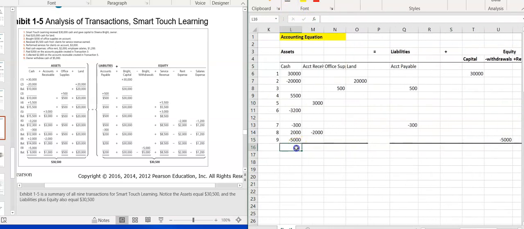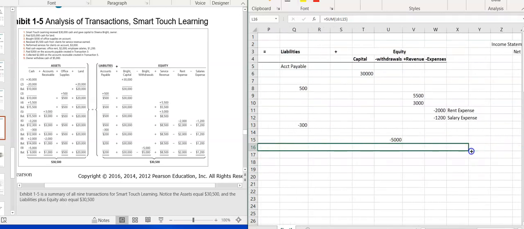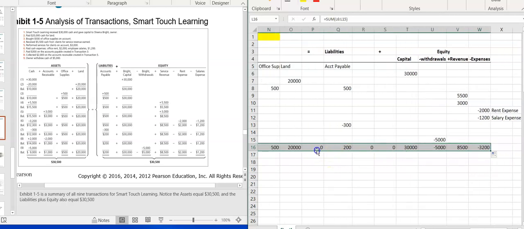All right, so I've got some lines. I'm going to total these out. So I'm going to do equal sum. Block it going up. Then I can actually just copy it across. Actually, I can go all the way across. I just don't need one right here because that's the equal sign column.